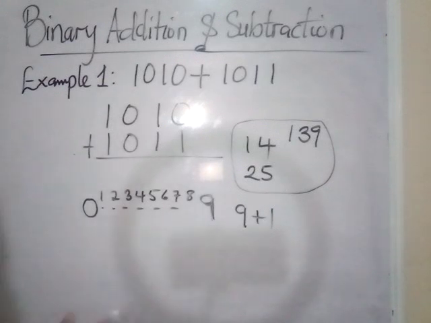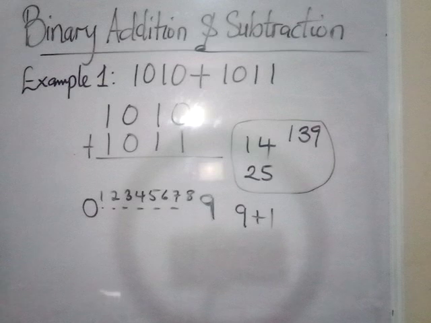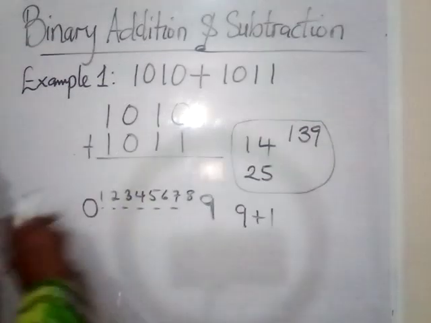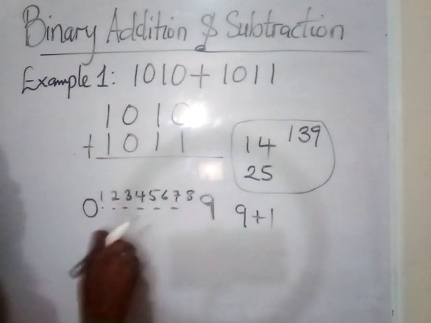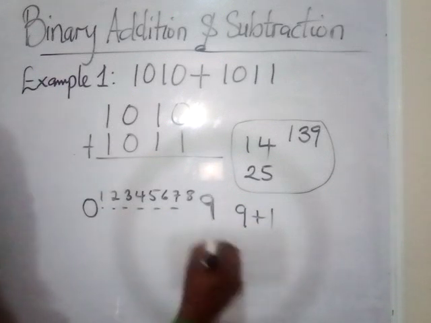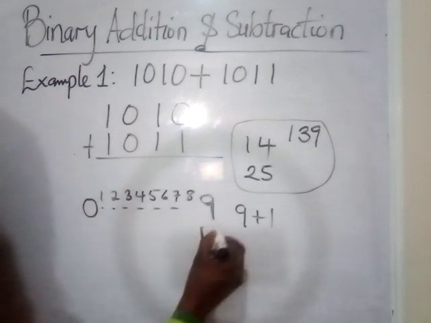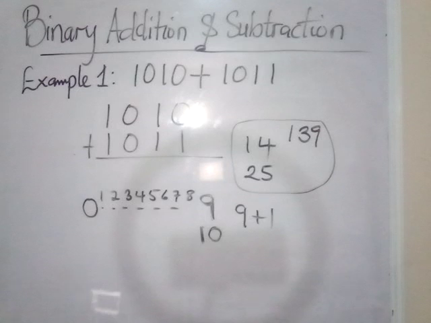We don't have any symbol to represent a number that is bigger than 9, because 9 is the largest digit. So a combination of the different digits begins to occur to form larger values. Like 9 plus 1, which is 10, you now come back to using the digits 1 and 0 to form the number 10.